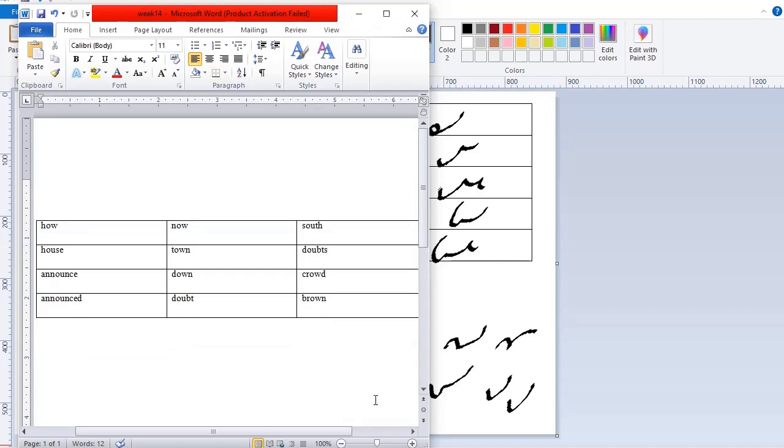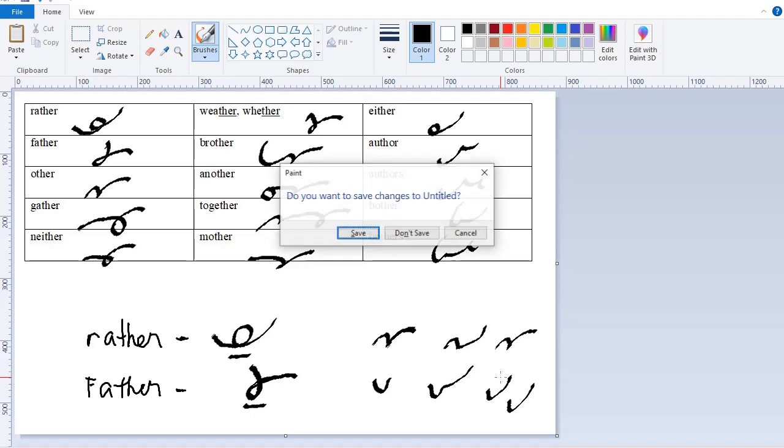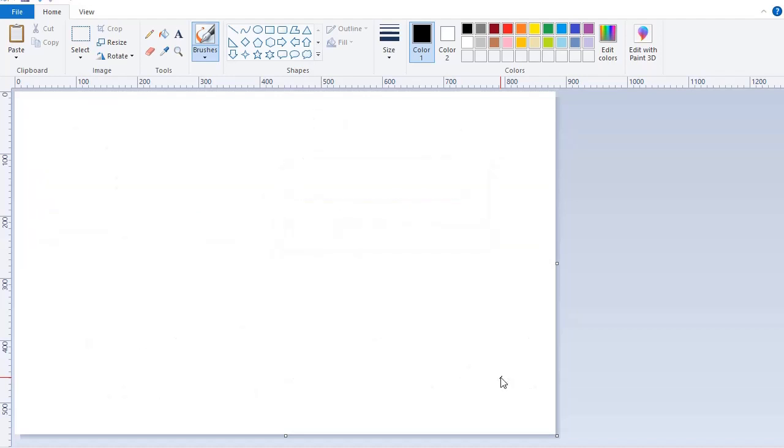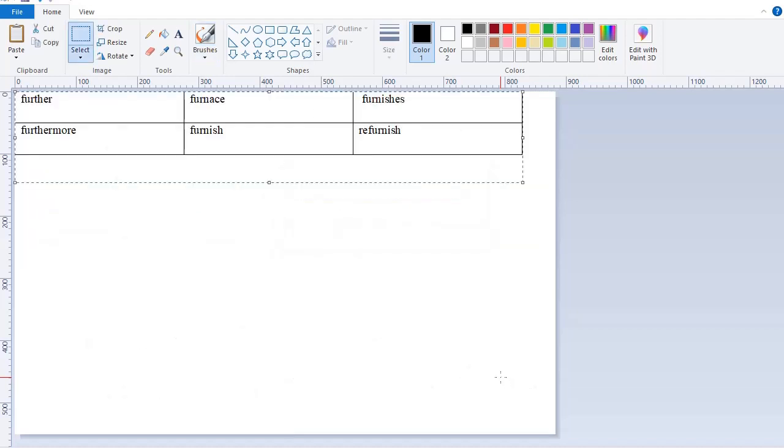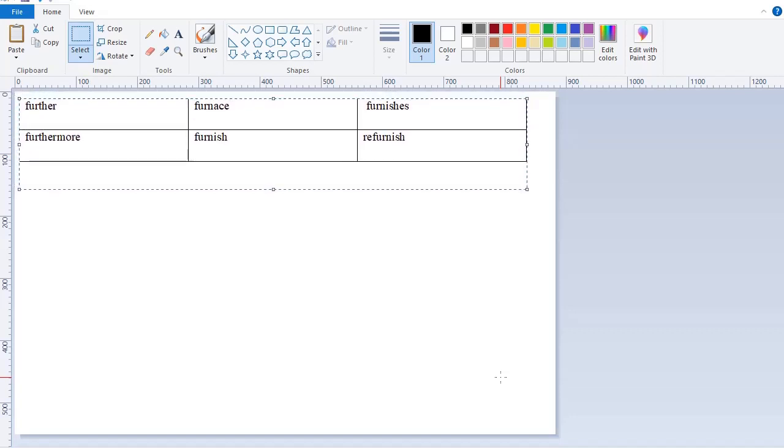So, yun din yung magiging representation ng inyong fur, as in furnace, dito sa shorthand. Okay, so, ayan. Di ba yung for kasi natin na brief form is represented by just your F, right? So, ganun din dito. So, ayan. So, now we have further.